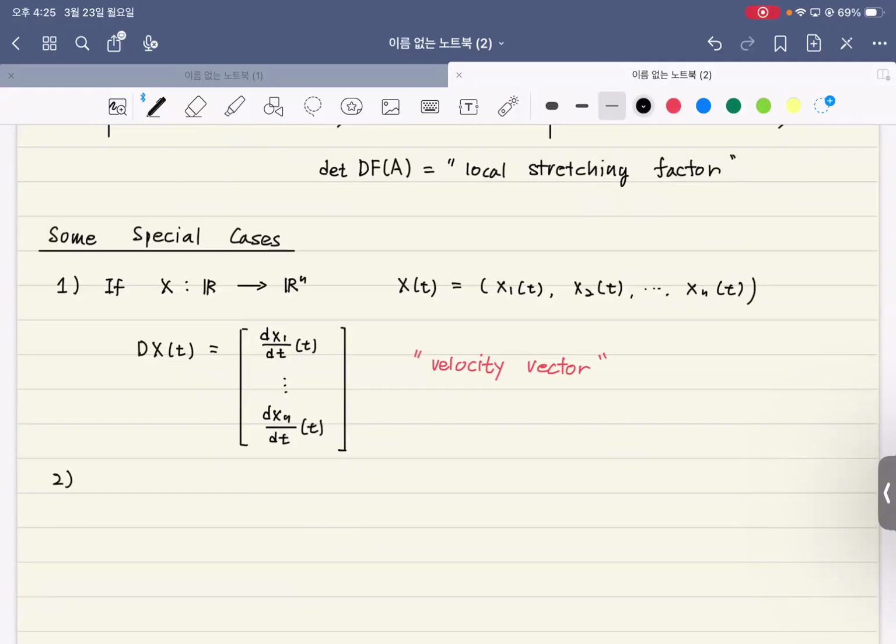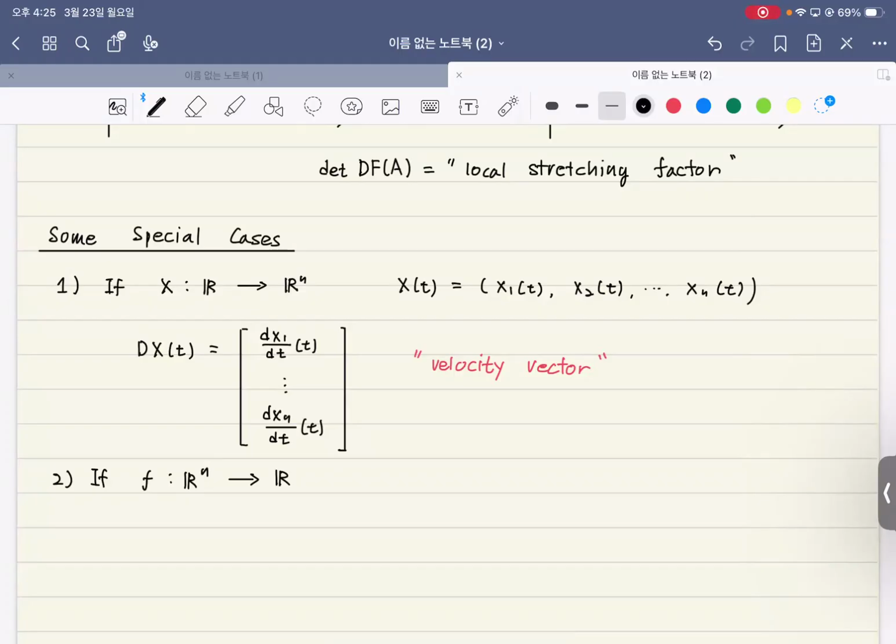Number 2. Now, let us consider the opposite. This time, we have a real valued function on n dimensions, from Rn to R. In this case, this function f only has one single component.